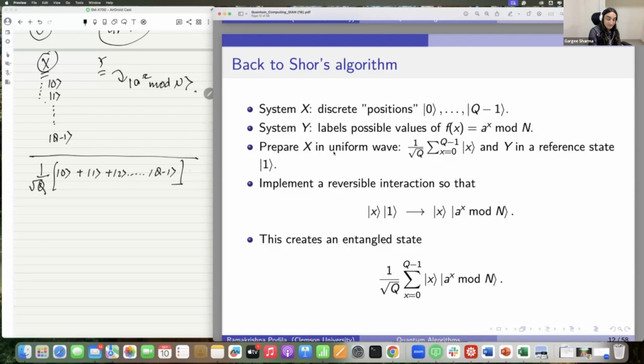Then I have to implement a unitary matrix that will automatically store in the second system, the y qubit, a to the power x mod n. I will do an example that will make it clear. This kind of entangles the state.